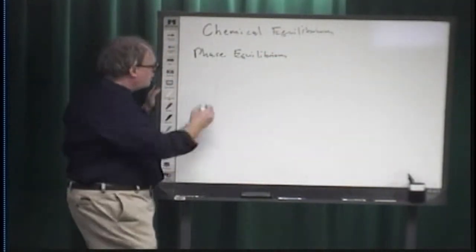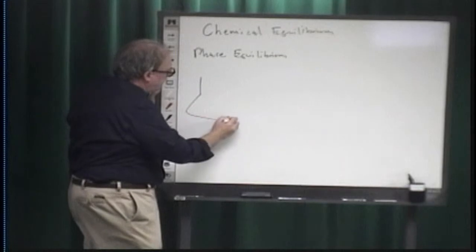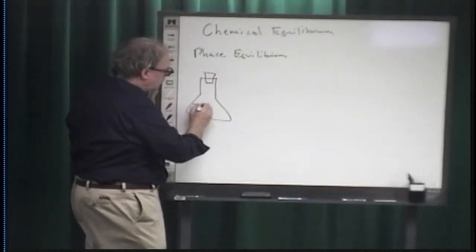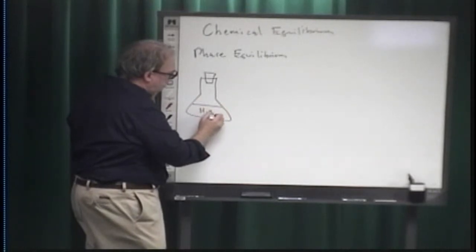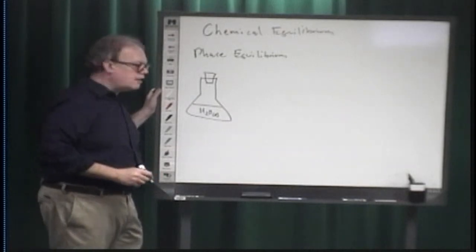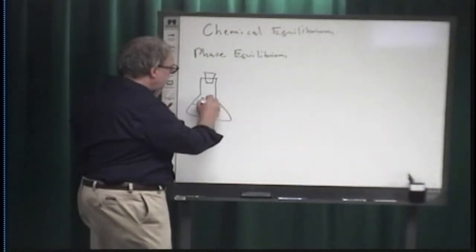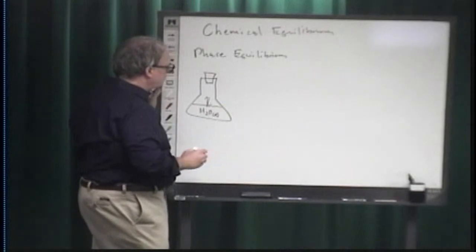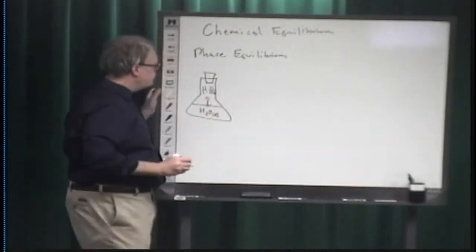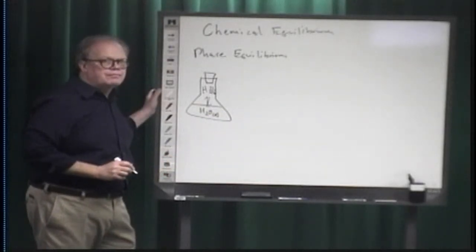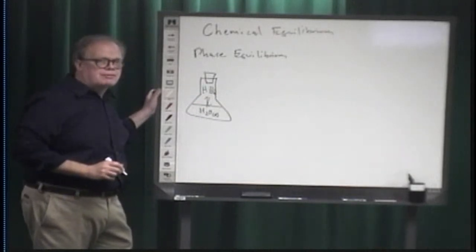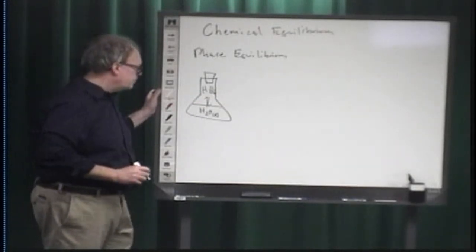And I'll remind you that when you have two phases in equilibrium, for instance, if you have some liquid water contained in a flask that's initially evacuated, at some point the liquid water will go into an equilibrium state with water vapor, so that the partial pressure of the water vapor will be given by the Clausius-Clapeyron equation, and will be just a function of temperature.